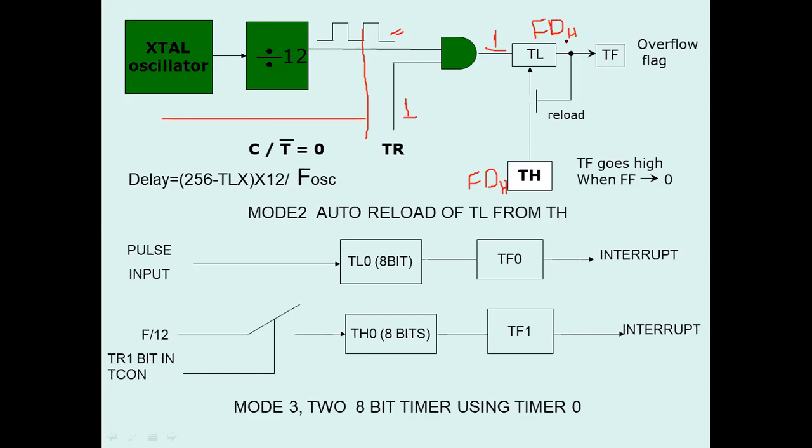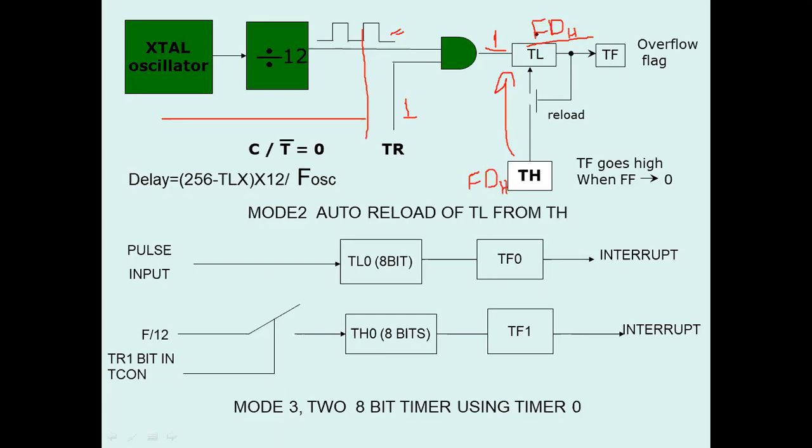Then automatically, whenever this count of TLX overflows, this switch will be closed, and the TH value will be loaded to TL automatically, because after the overflow the content of the timer low register is set to 00H.